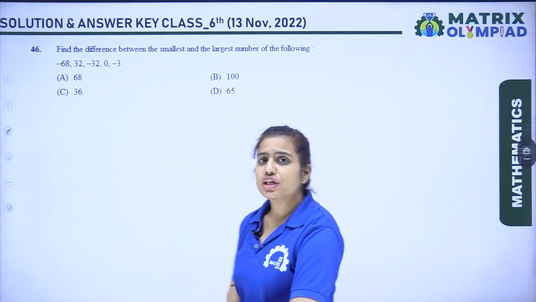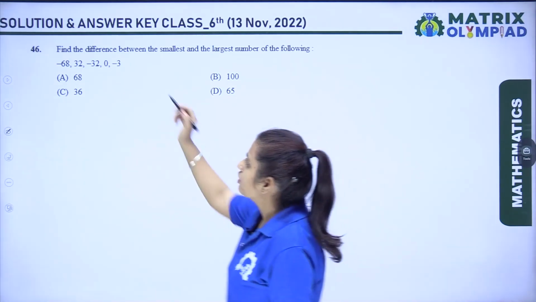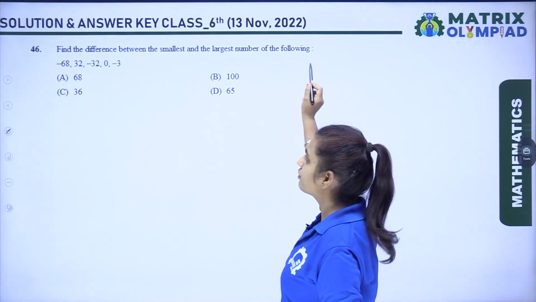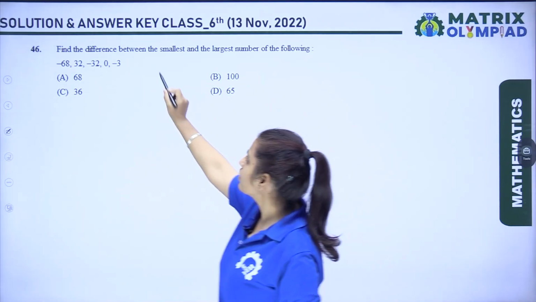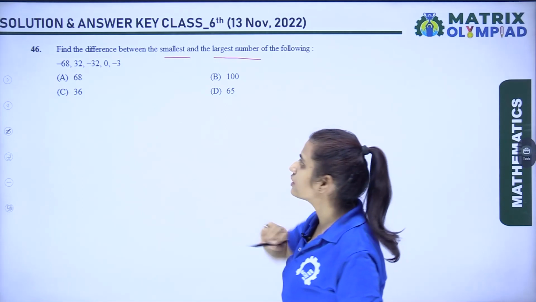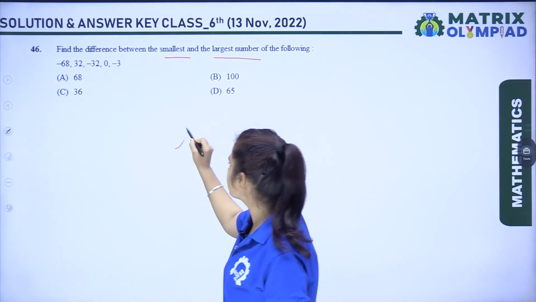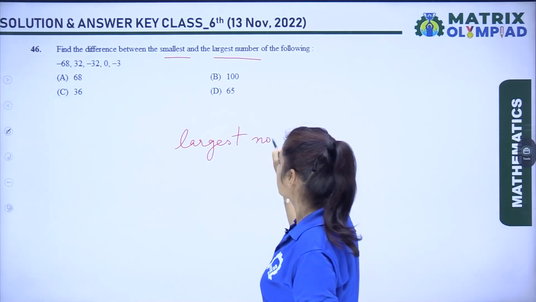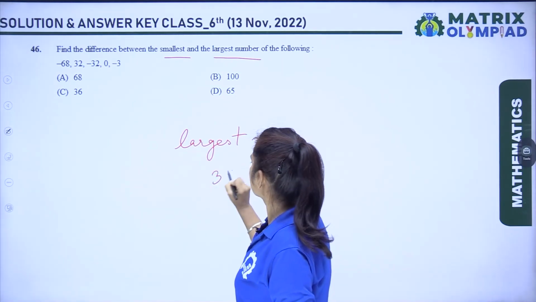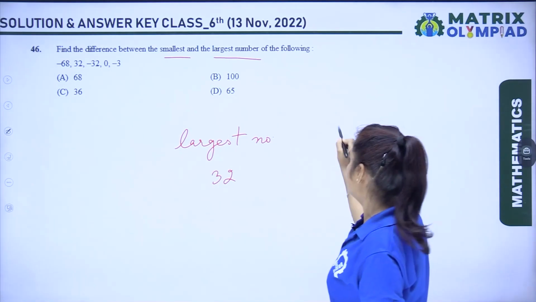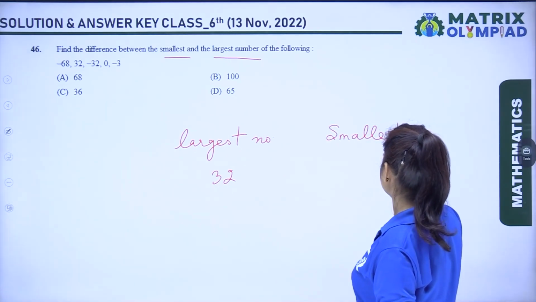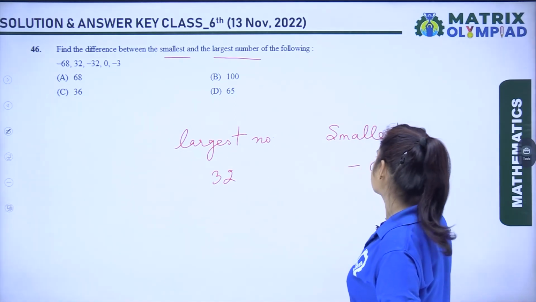Now, the next question is question number 46. Find the difference between the smallest and the largest number of the following. Now, we have to find out the difference between the smallest and the largest number. So, here the largest number is 32 and the smallest number is minus 68.